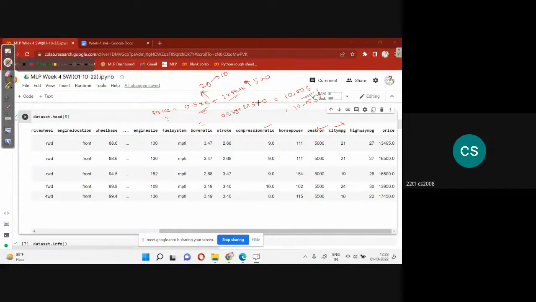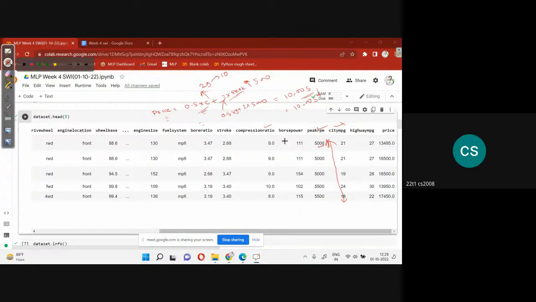To summarize this, I can say that if you don't scale your data set, then it will give high weightage to the columns which have very high values. So you are seeing your price is highly dependent on this peak RPM. Why? Because this value is very high.